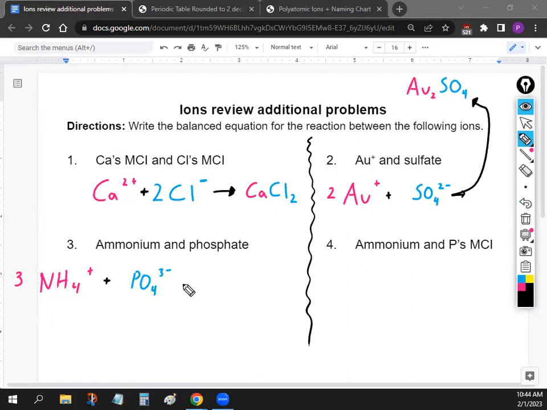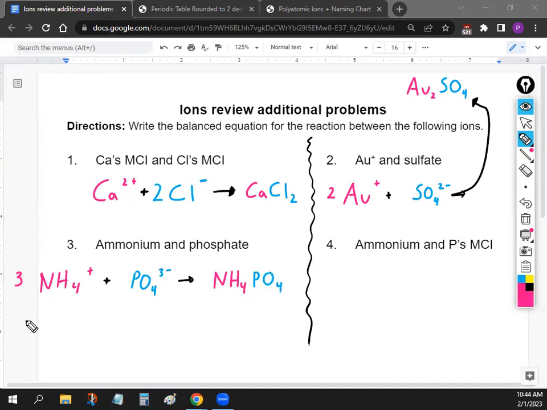And then all we've got to do is put them together. I know there are a lot of letters and numbers now. It's a bit uglier to look at, but keep it very simple. You just want to put them right next to each other, NH4, and put it next to PO4.